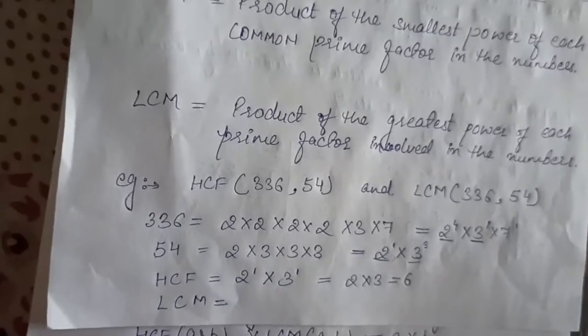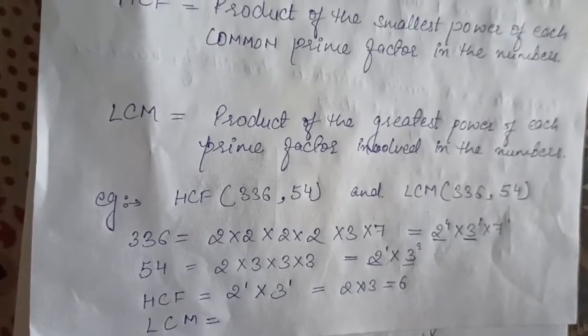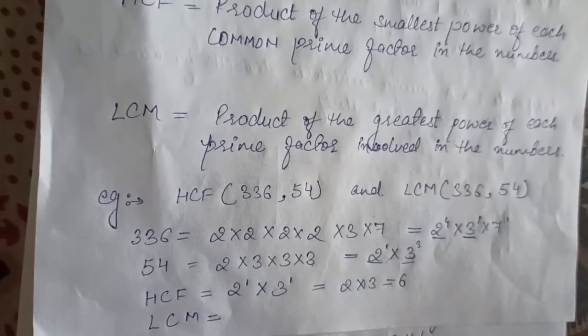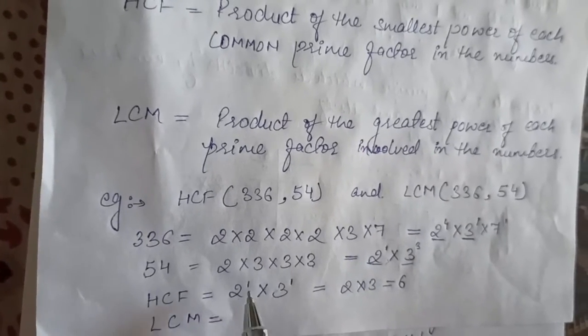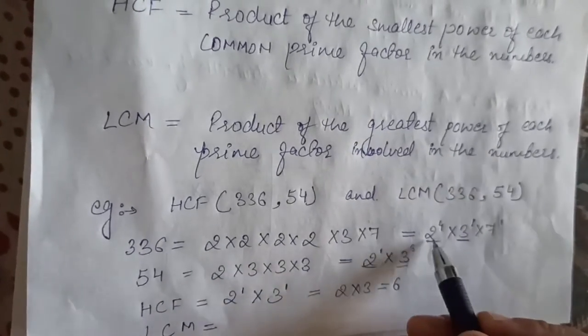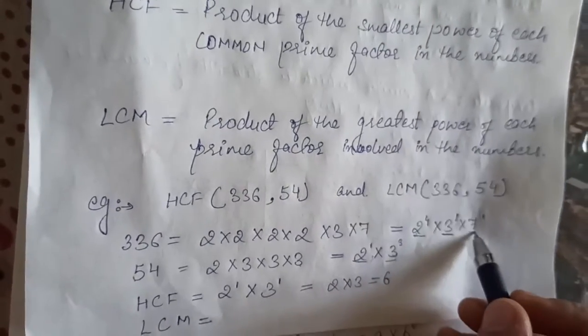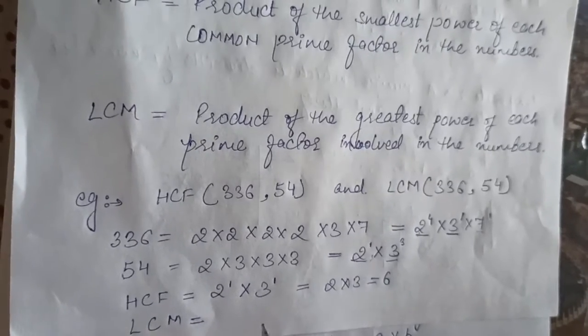And now let us find the LCM. As I said earlier, LCM is the product of the greatest power of each prime factor involved. So how many prime factors are involved here? 2 is involved, 3 is involved and 7 is also involved. Now we will take the product of the greatest powers.